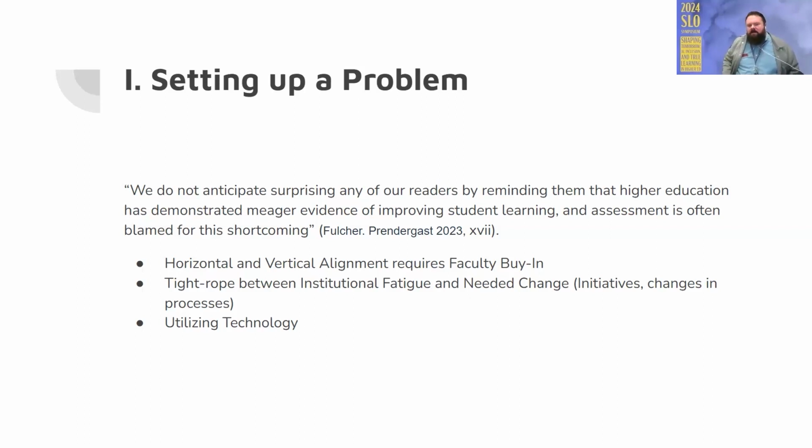And so along with Fulker and Pendergast, we kind of speculate as to some of these issues. One of them has to do with horizontal and vertical alignment, where horizontal alignment means alignment of skills across courses that kind of reinforce each other as sort of the same kind of outcome.